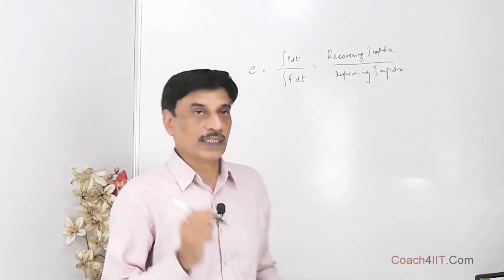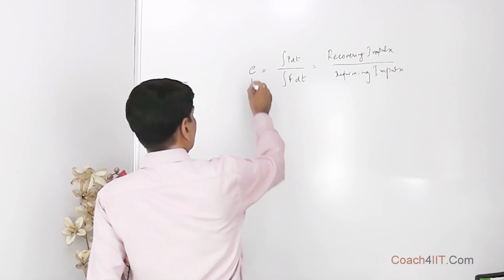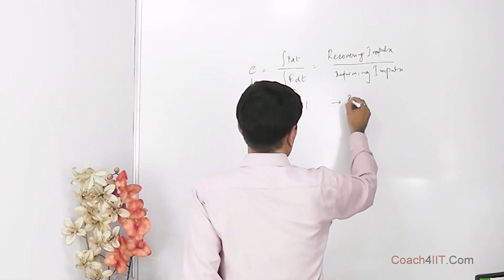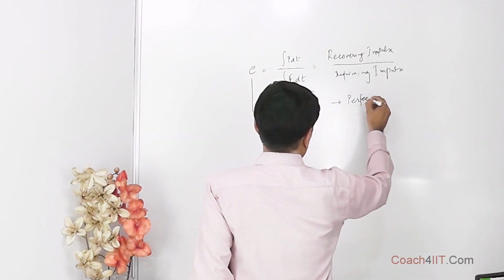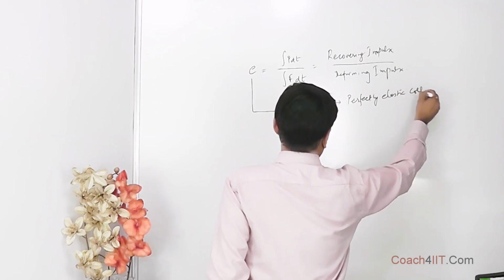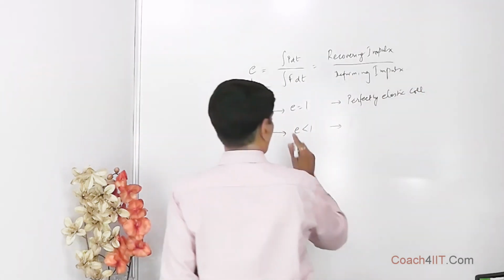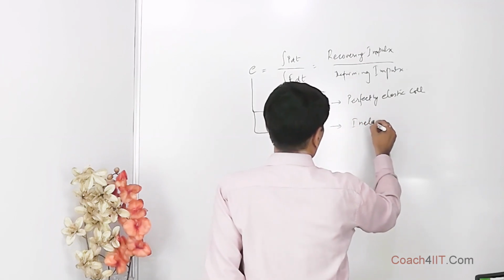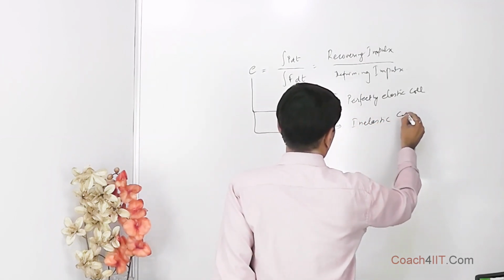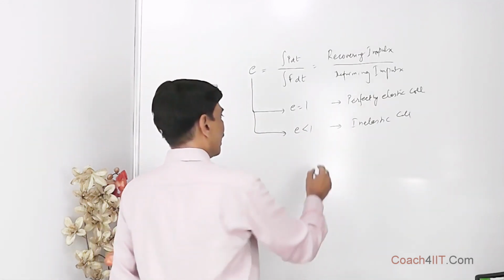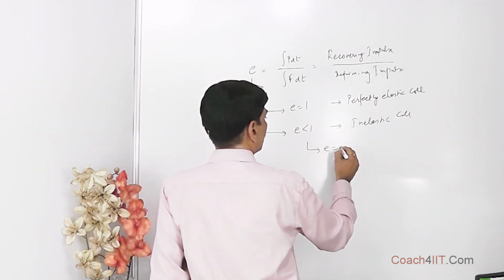So let's see what e is. e is equal to 1 for a perfectly elastic collision, or e is less than 1 for an inelastic collision. And here we also have one case where e is equal to 0.